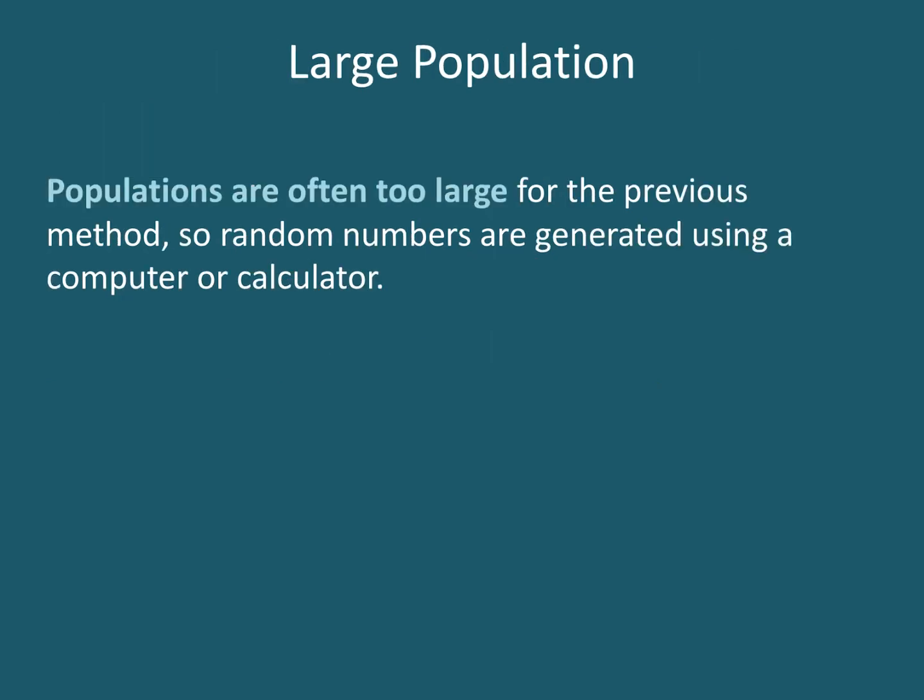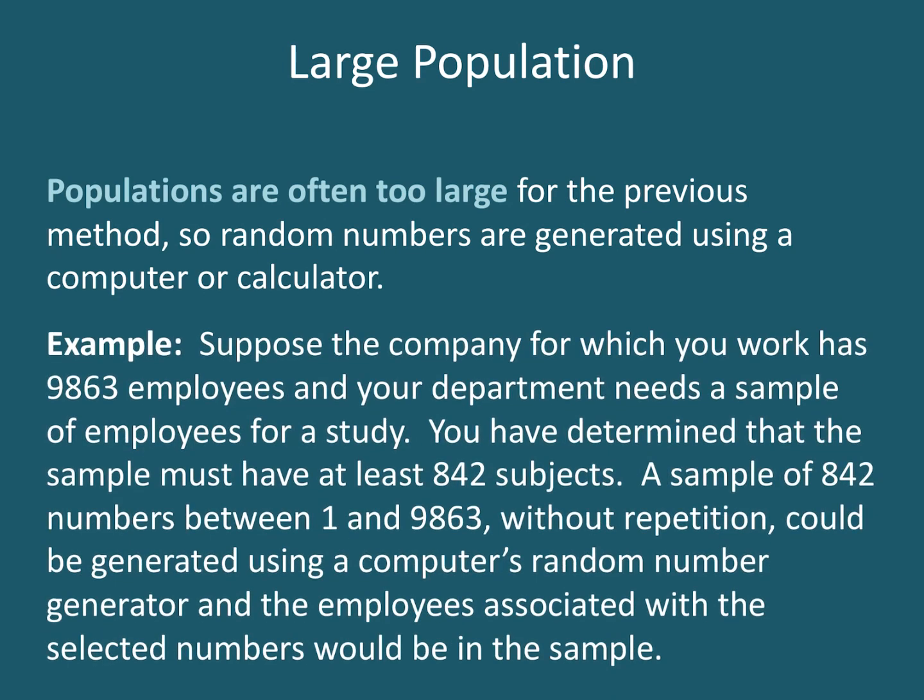Now, large populations. As I mentioned earlier, populations are often too large for the previous method. The previous method would take way too long using random sampling if we have large populations involved. So random numbers are usually generated using a computer or calculator. For example, let's say there's a company you work for, and they have an astonishing 9,863 employees, and your department needs a sample of employees for a study.